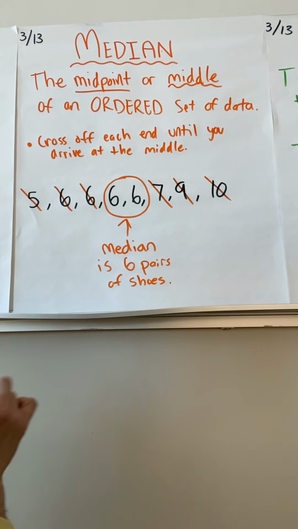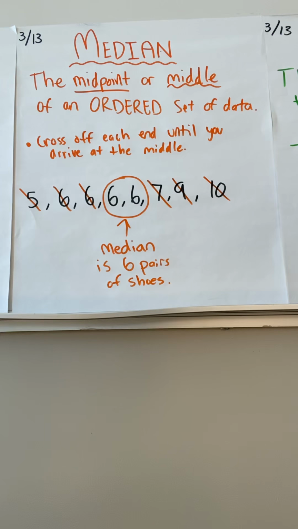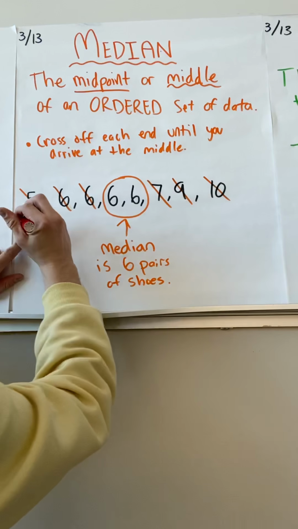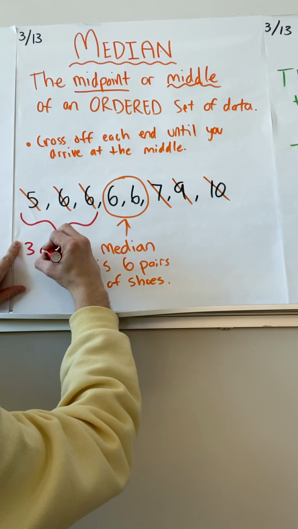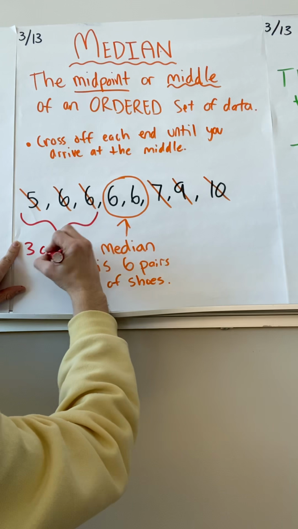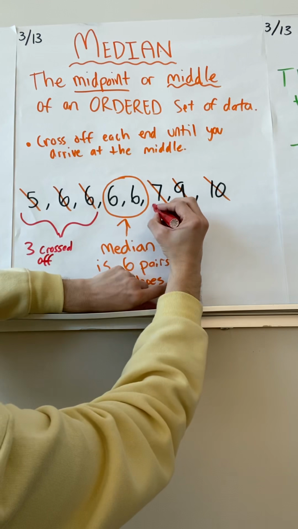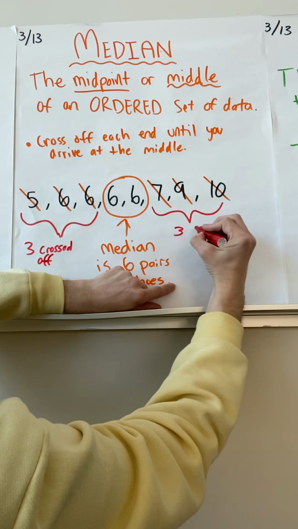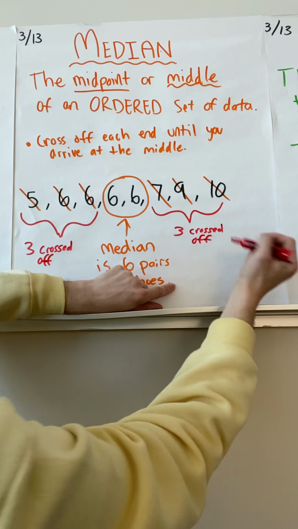Let's use red. So notice how I have 3 crossed off over here, and I also have 3 crossed off over here.